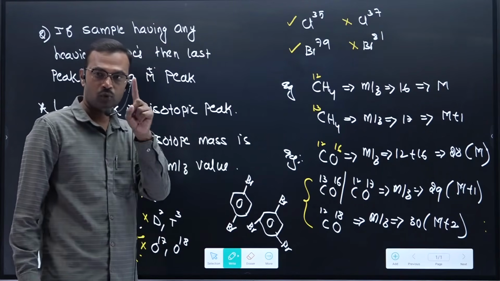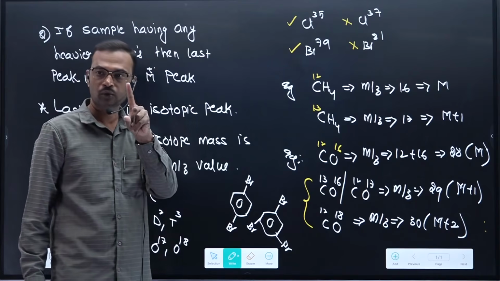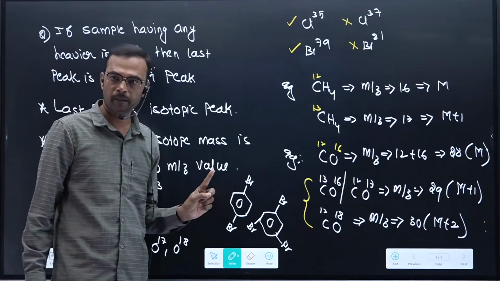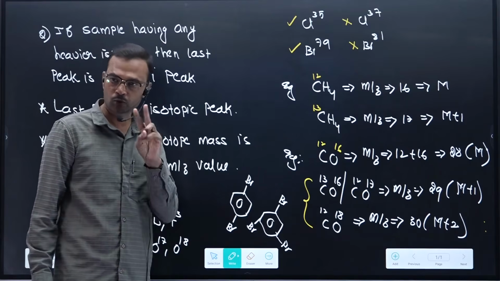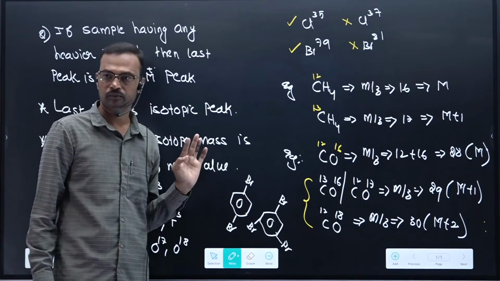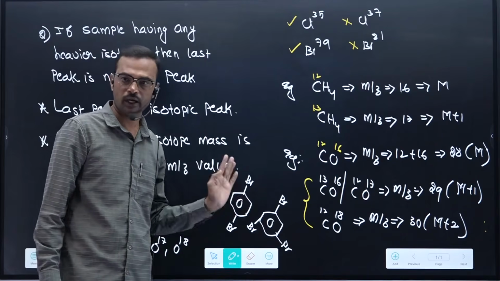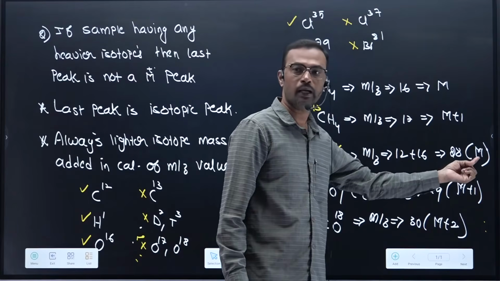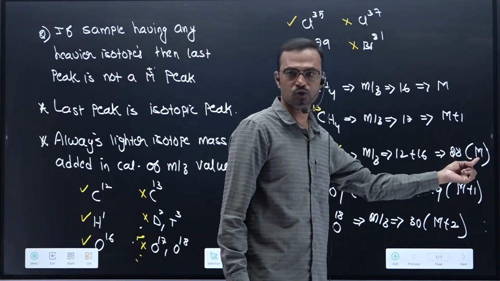Two lighter, one heavier, two heavier. Total how many? Three. One is the molecular ion peak, two are isotopic peaks, M plus 2, M plus 4. You will understand this later. Right now remember, M is nothing but the molecular ion having all lighter elements or lighter isotopes.